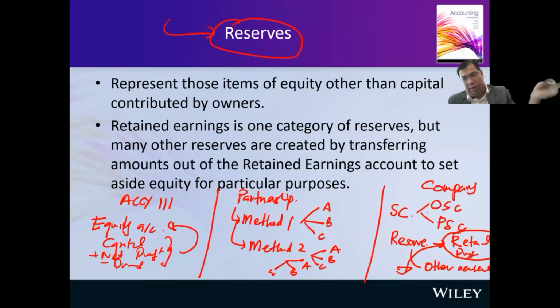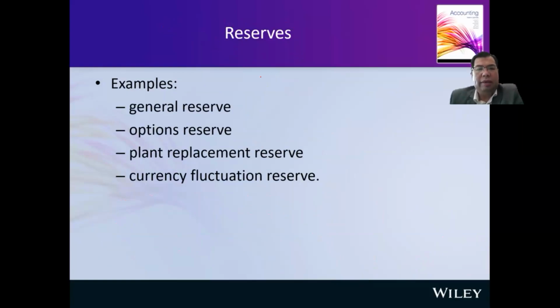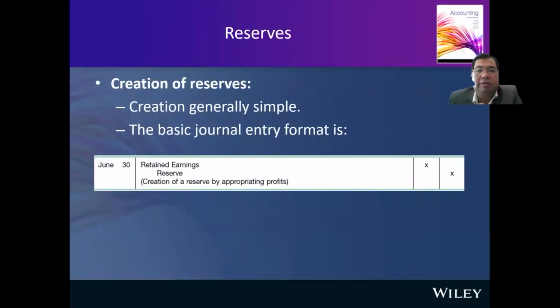So we put aside the money for a special or unique purpose. Examples of reserves can be general reserve, option reserve, plant replacement reserve, where you want to replace the plant so you put aside the money, or currency fluctuation reserve, and many other reserves. So this is just an example of reserve.